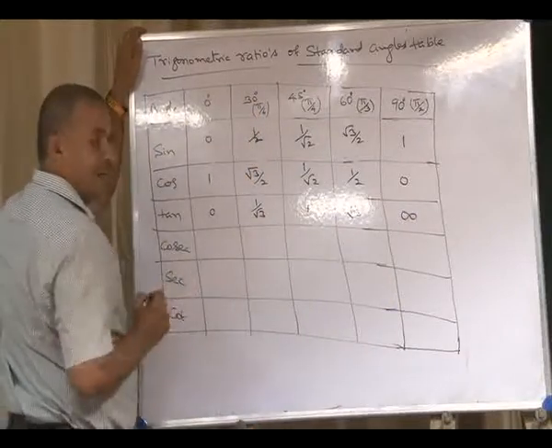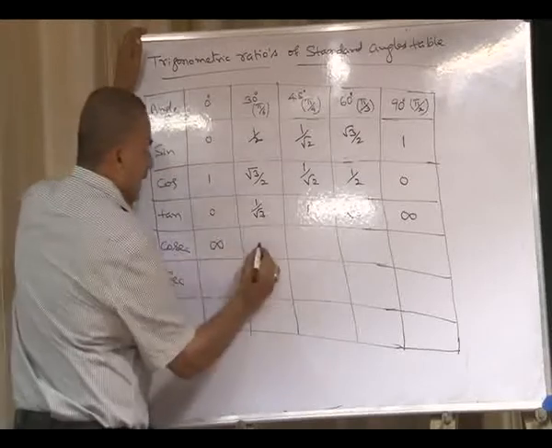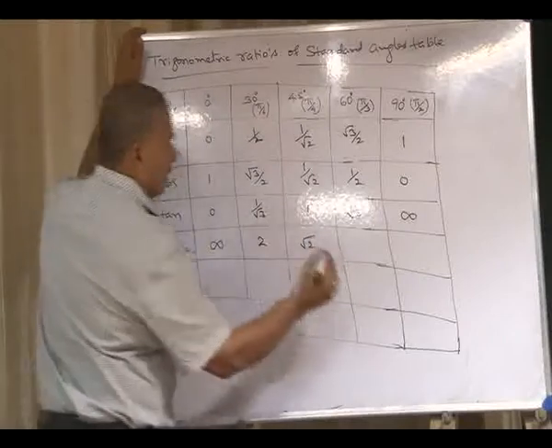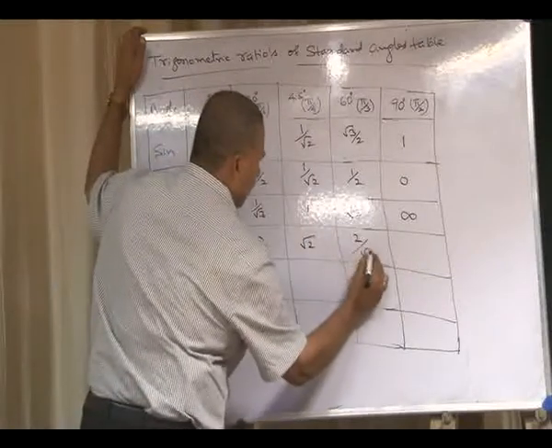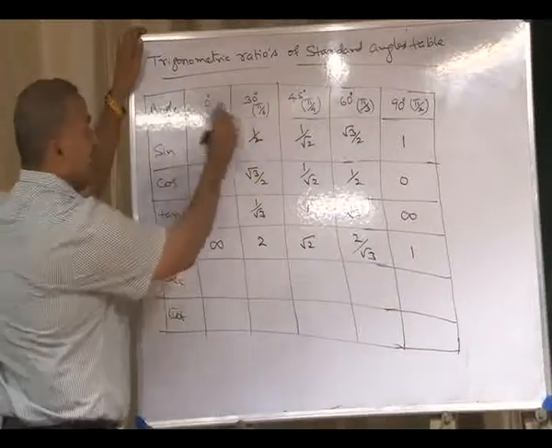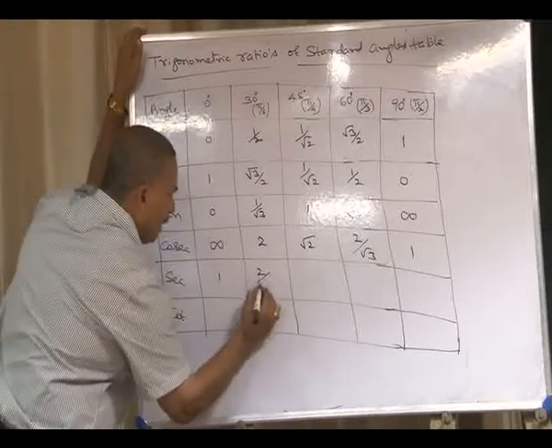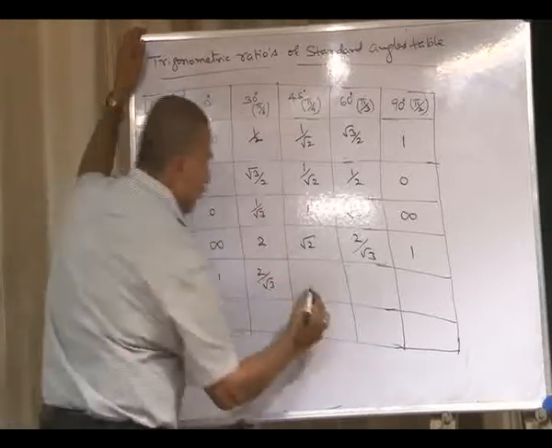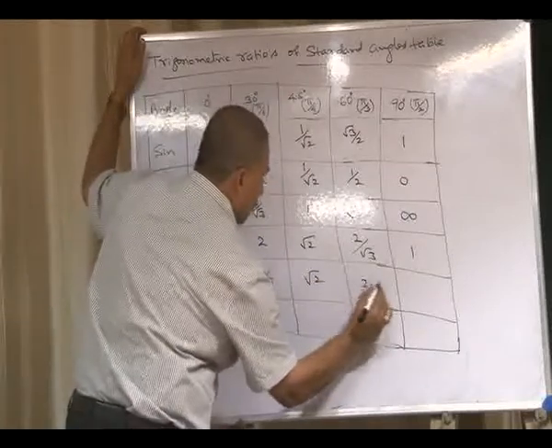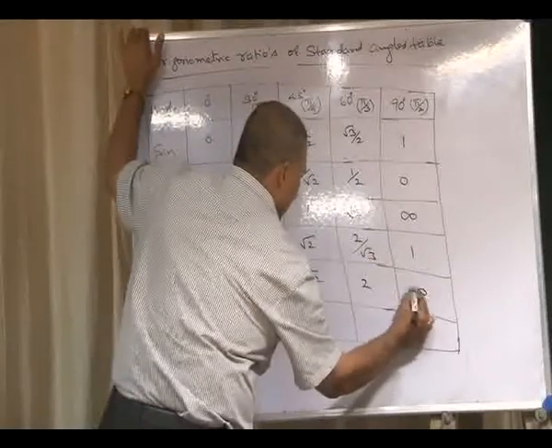Next cosecant. Cosecant 0 is infinity, cosecant 30 is 2, cosecant 45 is root 2, cosecant 60 is 2 by root 3, cosecant 90 is 1. Secant values: secant 0 is 1, secant 30 is 2 by root 3, secant 45 is root 2, secant 60 is 2, secant 90 is infinity.